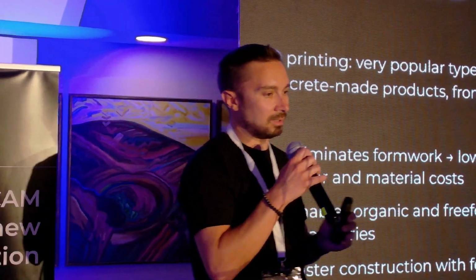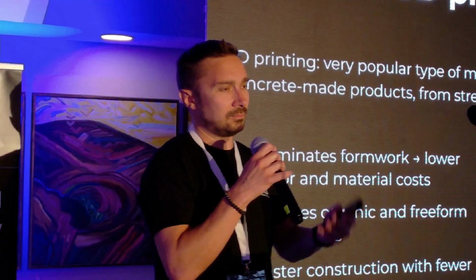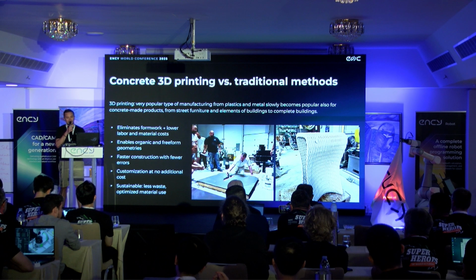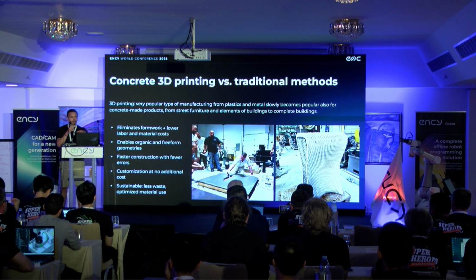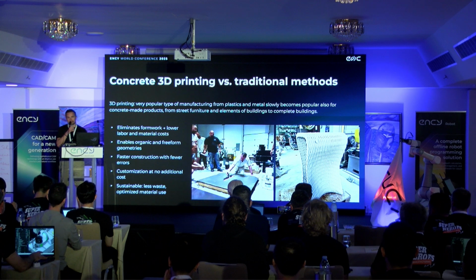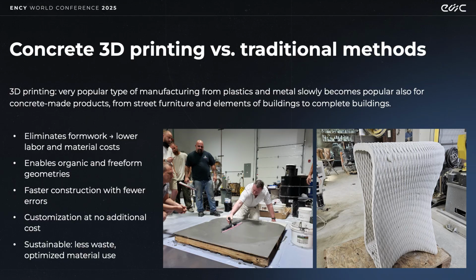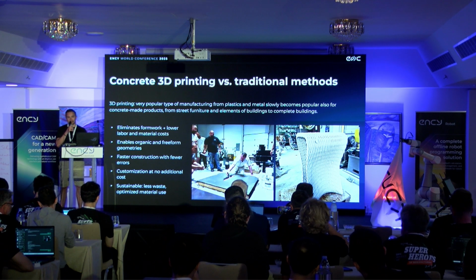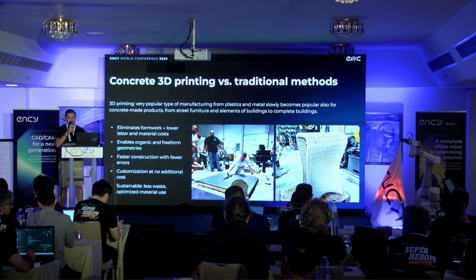At the beginning, let's speak a little bit about the differences from traditional methods of using concrete. You can see, for example in this picture, that in traditional methods you need a mold where you put concrete, wait a little while it dries, and then destroy the mold to extract your concrete part.